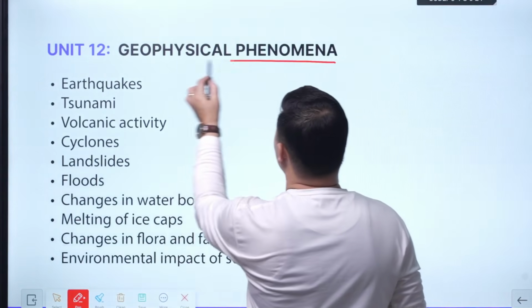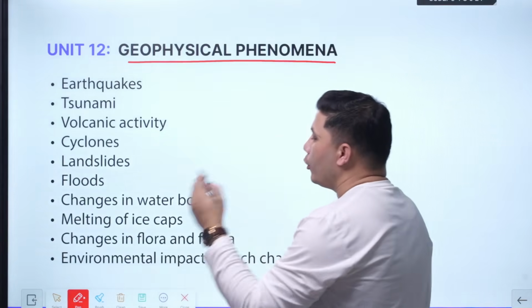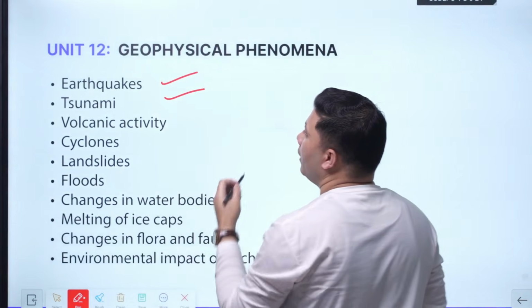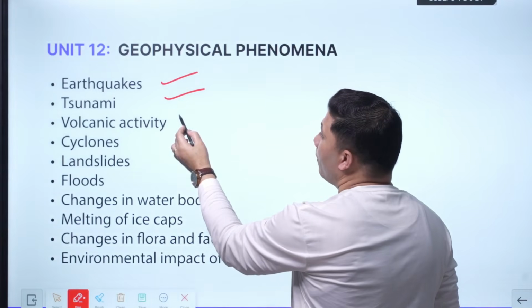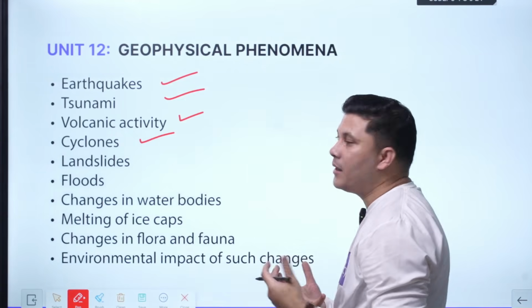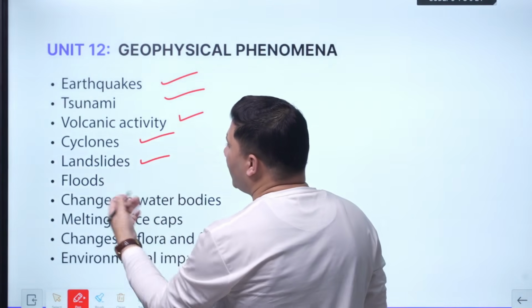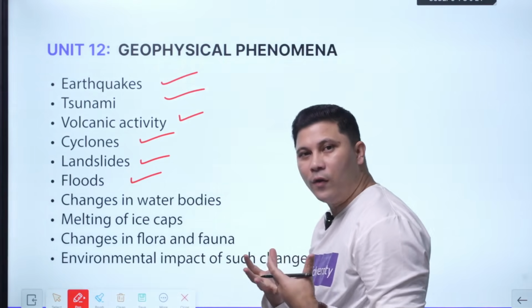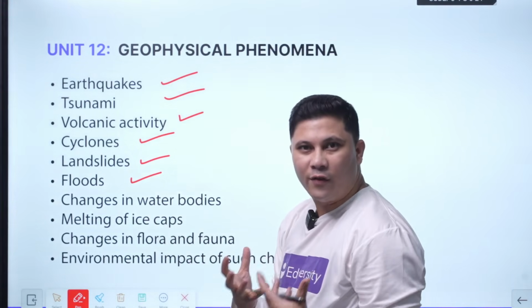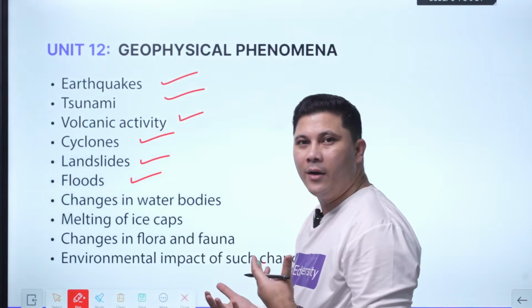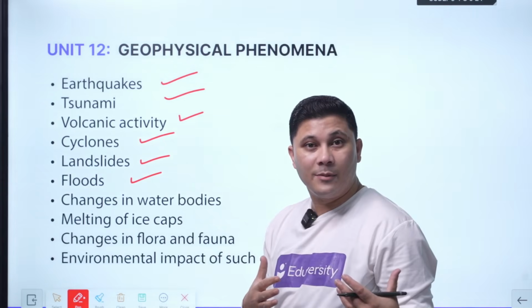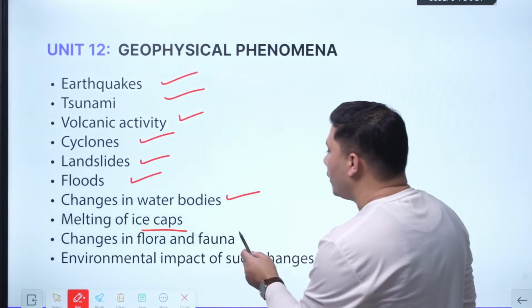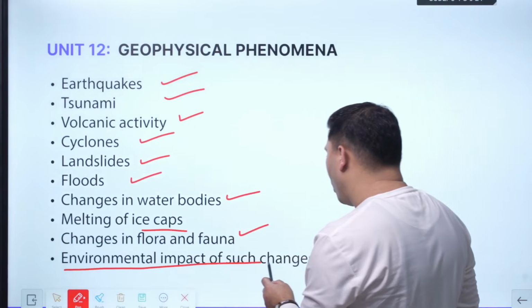The most important is your geophysical phenomena, where in the geography section you have to know about earthquakes, tsunami, the reasons behind tsunami, volcanic activity, cyclones, causes of cyclones, how to prevent cyclones, landslides, causes of landslides, how to prevent landslides, floods, what are the causes of floods, how climate change causes floods, how to prevent floods, how sustainable cities help in flood management, smart agriculture, changes in water bodies, melting of ice caps, changes in flora and fauna, and environmental impact of such changes.